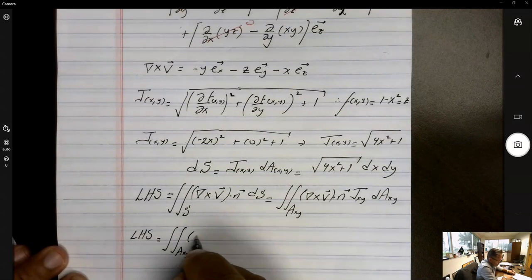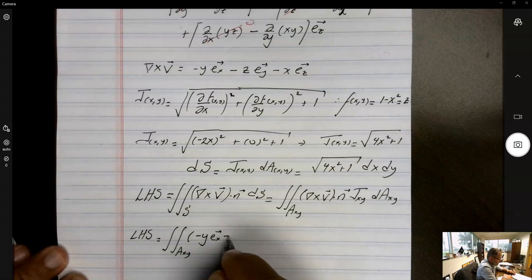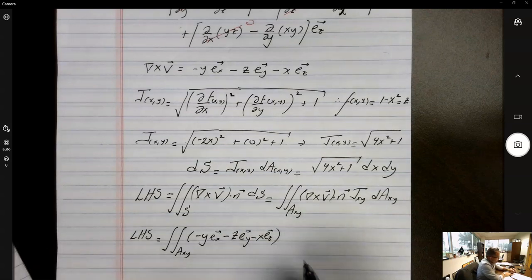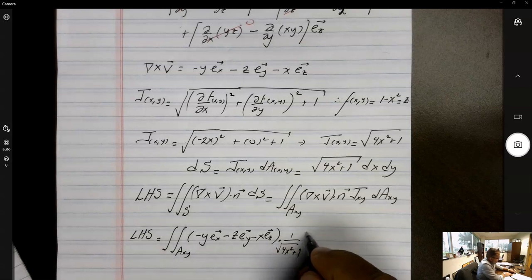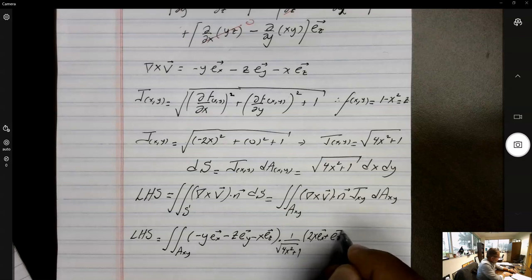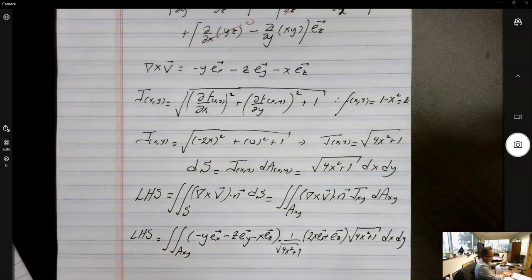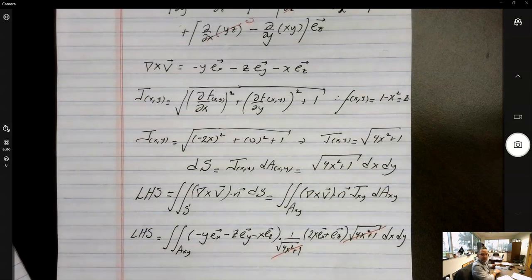The curl, we already found, was minus y in the x direction, minus z in the y direction, minus x in the z direction. We found that the normal vector was 1 divided by the square root of 4x squared plus 1 times 2x in the x direction plus 1 in the z direction. We found that the Jacobian was the square root of 4x squared plus 1, and this is dx dy. So this one, as you can see, always cancels with that one.